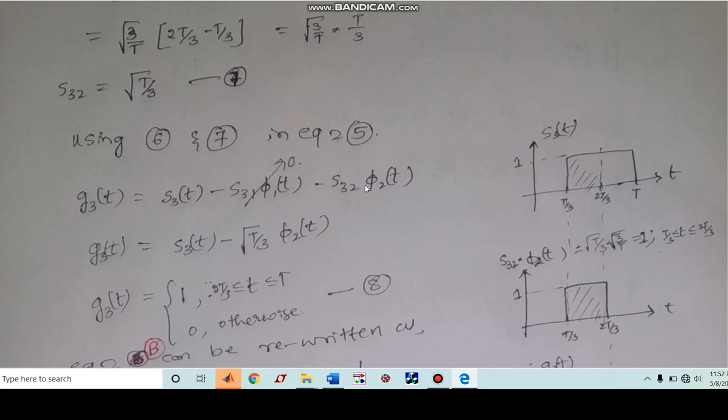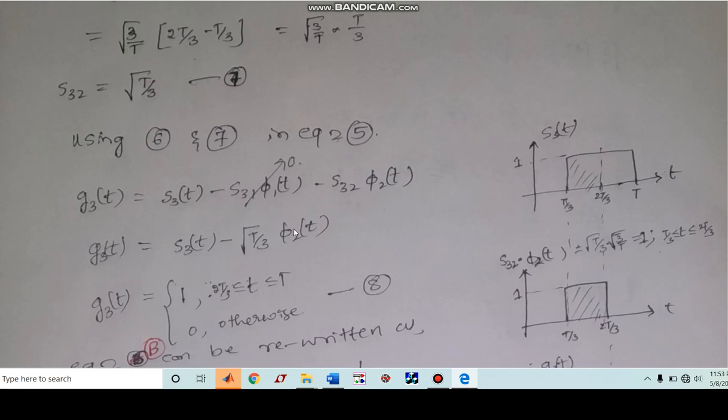S32 is conditionally valid, correct? S32 multiplied by phi 2 of t is valid only for t by 3 to 2t by 3, for that duration. So we will use that here, and s3 of t is 1 minus square root of t by 3.